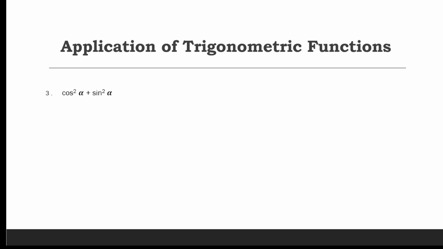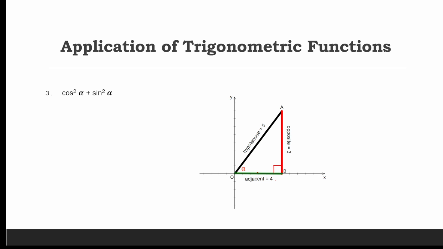Looking at the next one, cos squared alpha plus sin squared alpha. Now let us use the diagram to draw our values from it. We know that cos is adjacent over hypotenuse, but since cos is squared, that would be adjacent over hypotenuse, all squared.